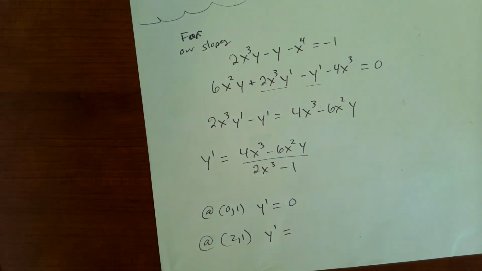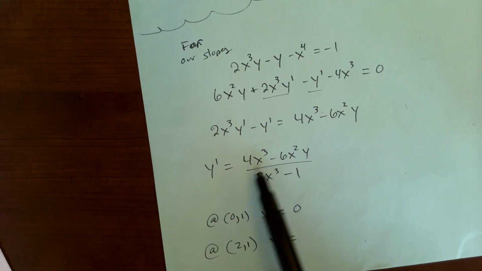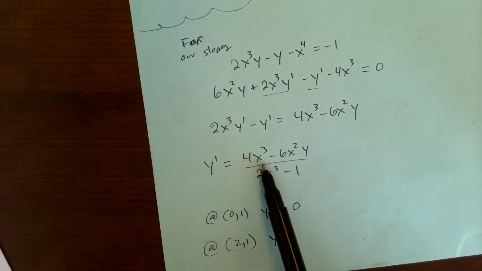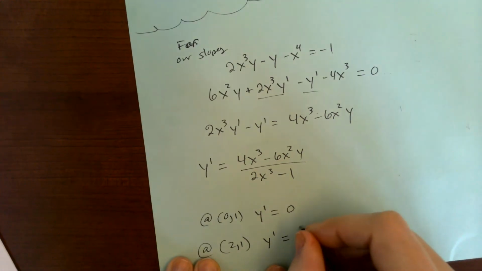At 2, 1, all right, so this is number 12. I got 8 over 15. I think that makes sense. Yeah, I think that's right. 8 over 15.